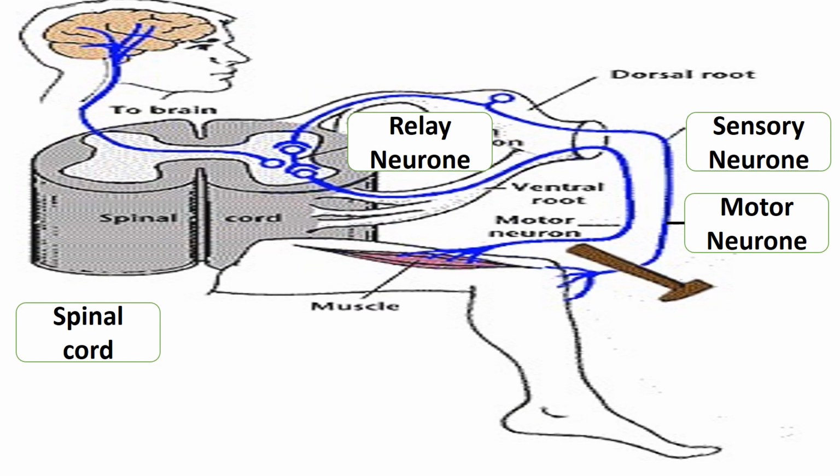These electrical impulses are going to be taken by the sensory neuron to the central nervous system. Then the relay neuron is going to receive that information, and with instruction from the central nervous system, it's going to transmit this information to the motor neuron. Then the motor neuron is going to instruct the effector to take action. In this case, our effector is a muscle.